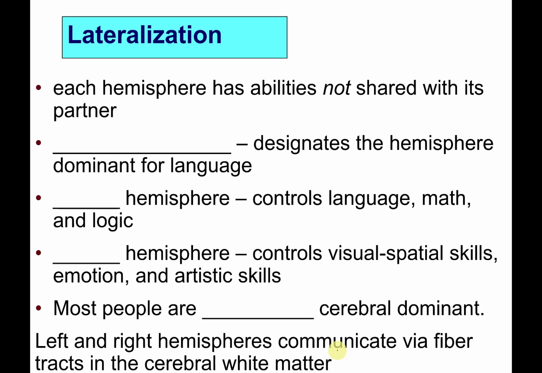So we said that each hemisphere has abilities not shared with its partner, and this is something called lateralization. There is a term, cerebral dominance, and cerebral dominance designates the hemisphere dominant for language, math, and logic.